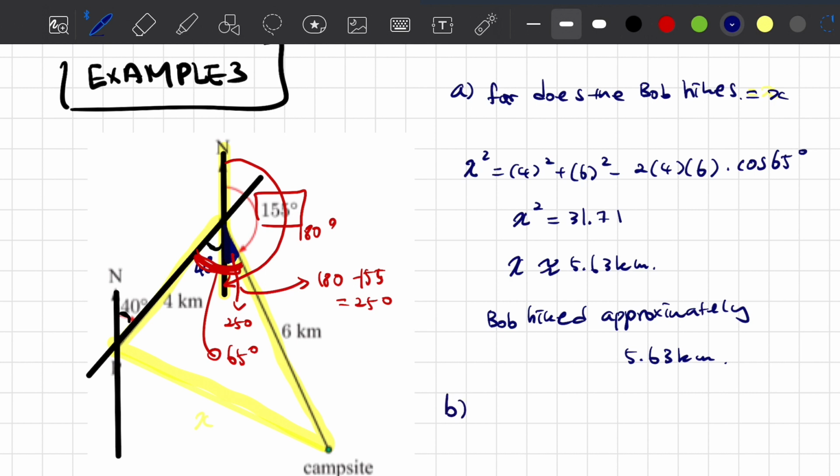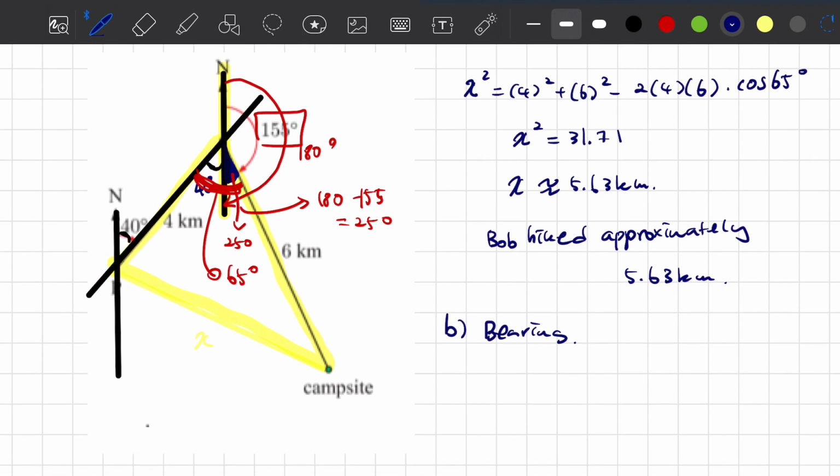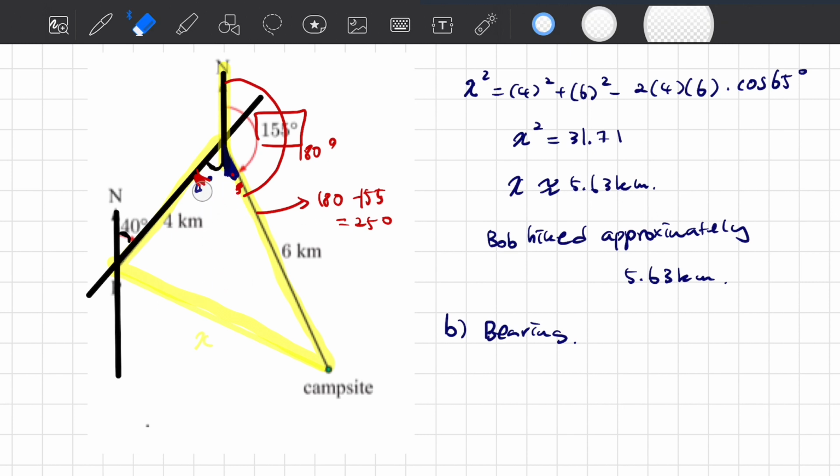Okay. Then question B. Question B asks us to identify the direction Bob hikes, so we need to identify the bearing. Let's clear this diagram a little bit so we can see what's going on.